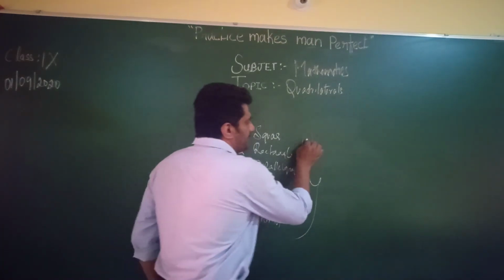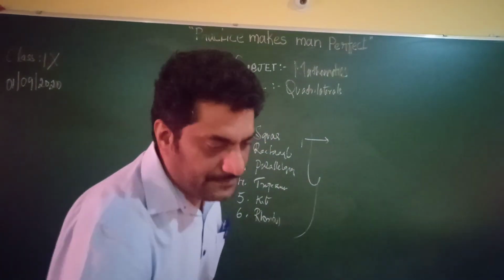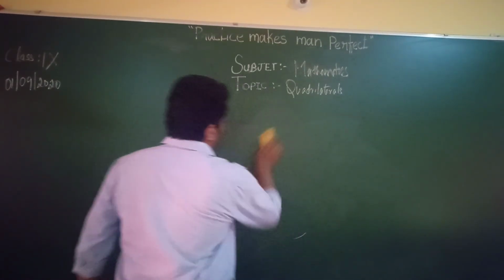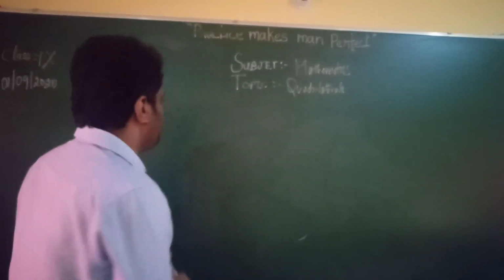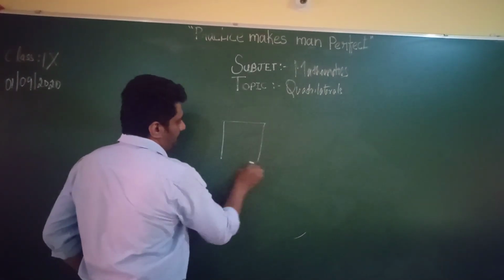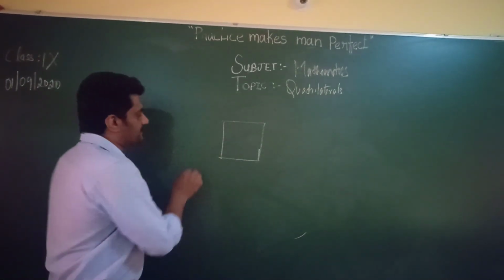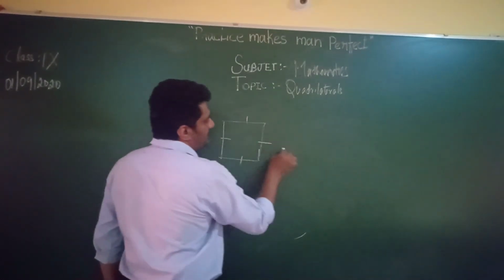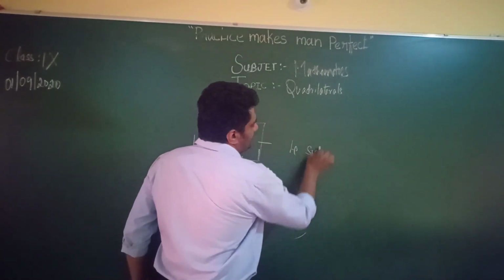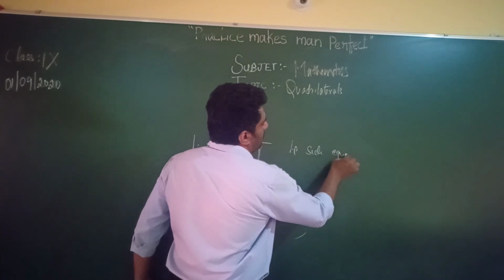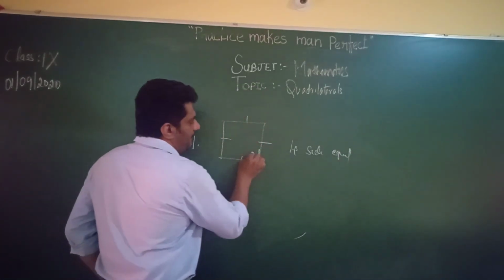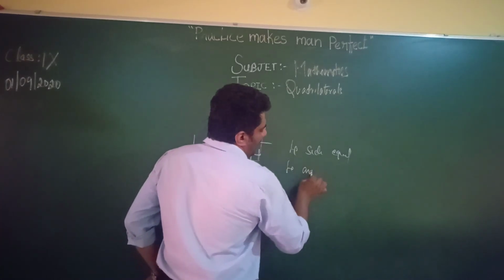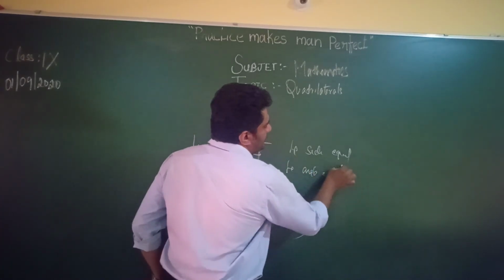Now for example, if I start with a square, now in square, I have all sides equal, 4 sides equal, and also I have 4 angles equal to 90.